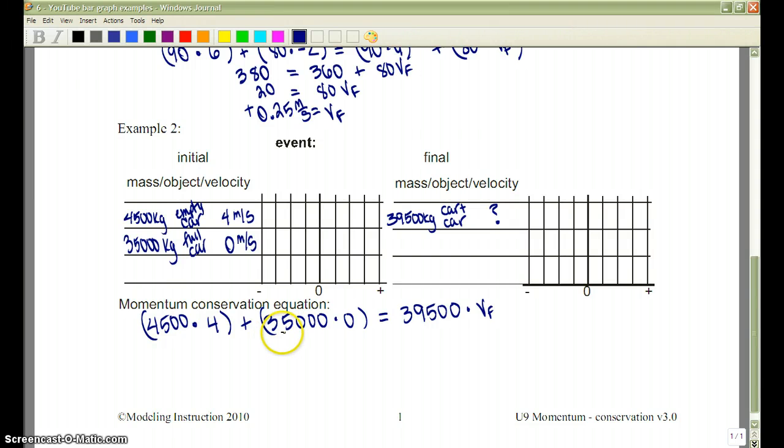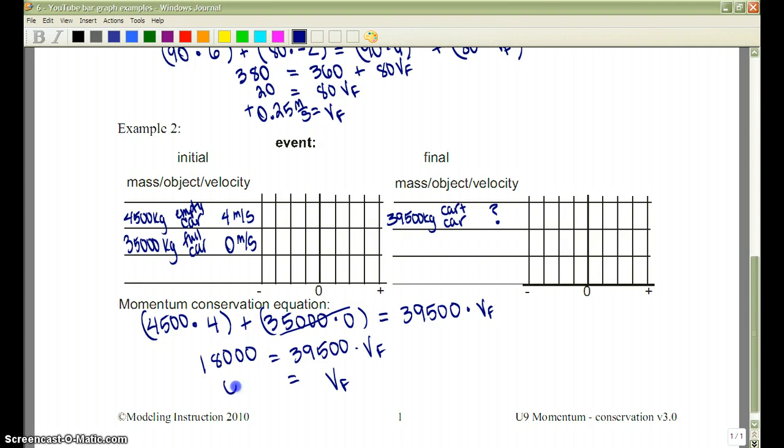So this part here will cancel out because that's a 0. So our 4,500 times 4 gives us 18,000. That's equal to our 39,500 times velocity final. To solve for my final velocity, I'm going to take my 18,000 and divide by my 39,500.